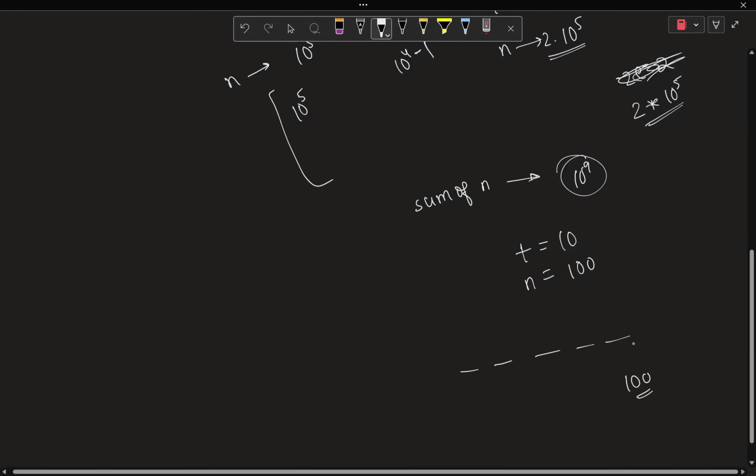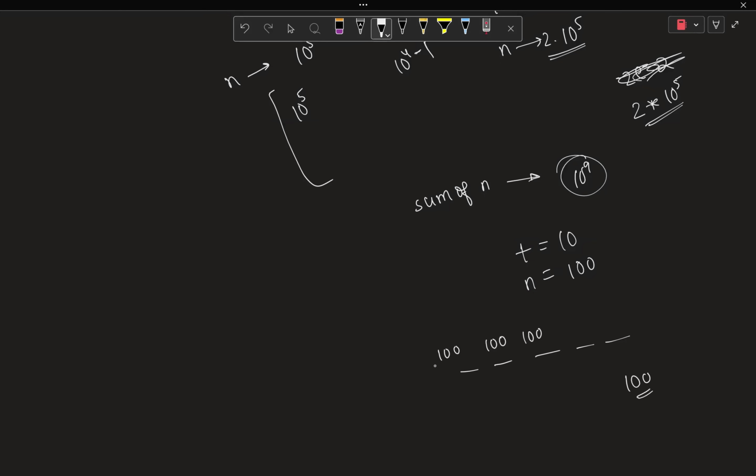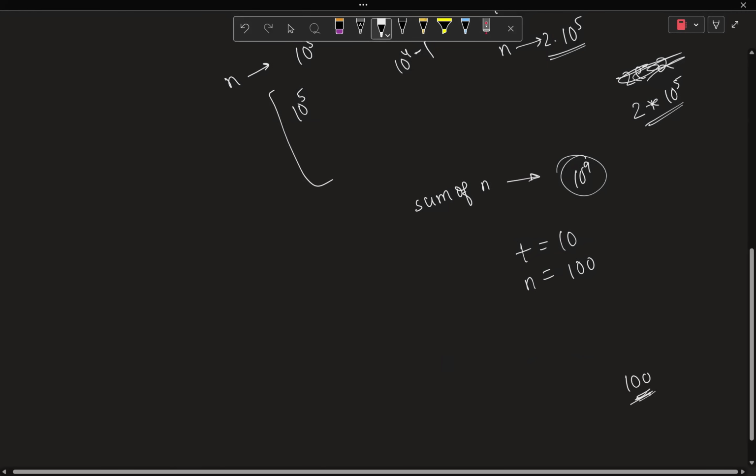If I say this, you don't have to worry about taking 100 as n in all the test cases. They are just mentioning that this can never happen. They will create the test cases in such a way that the sum of n will never be greater than this.